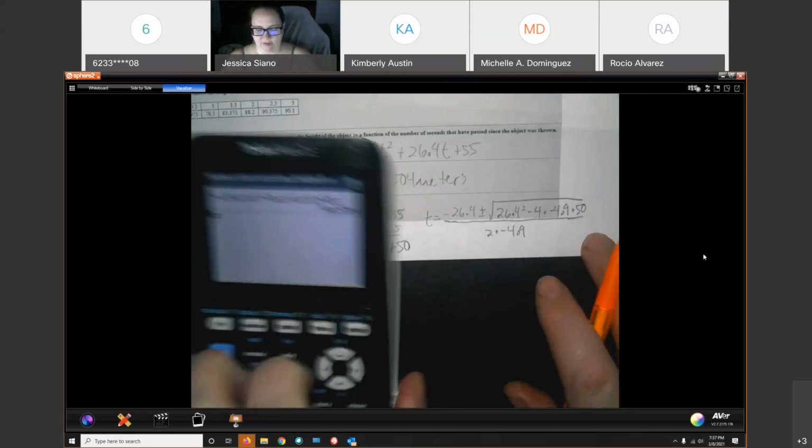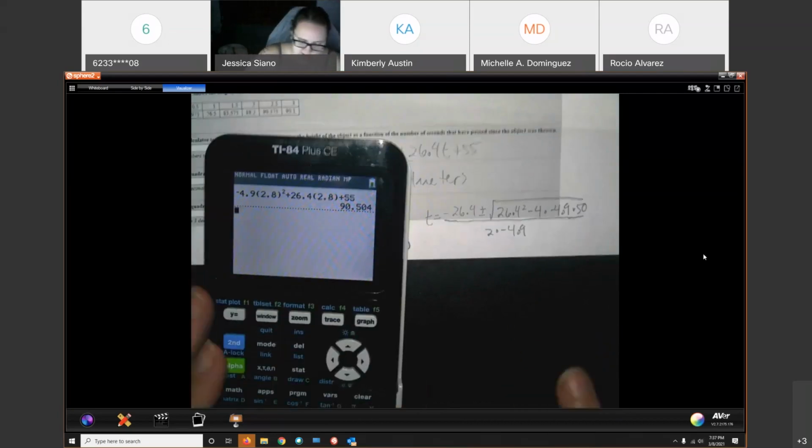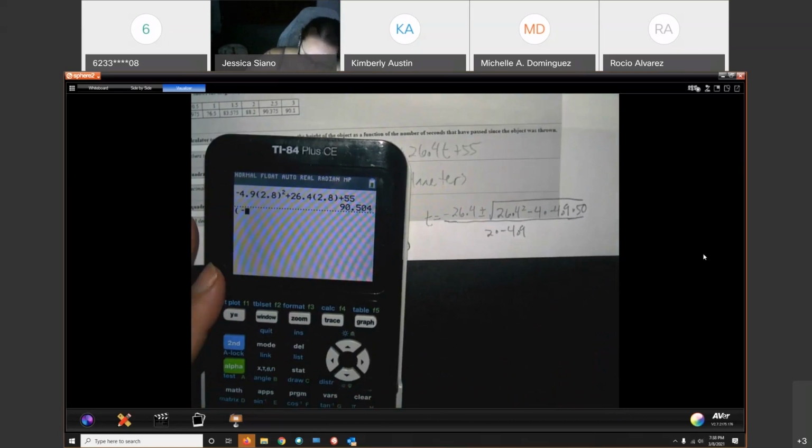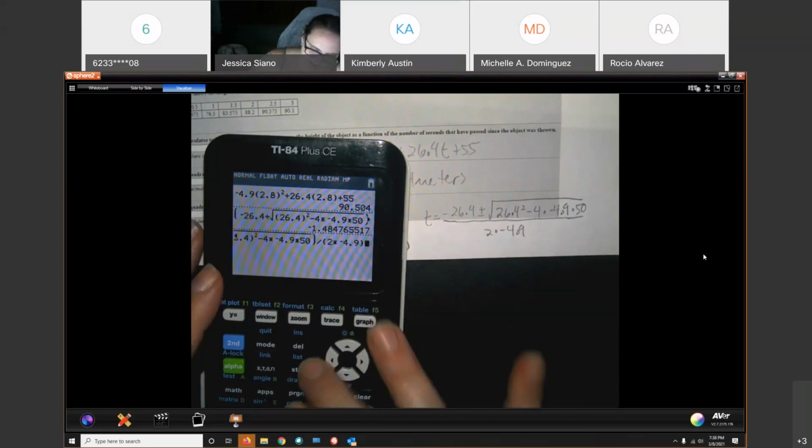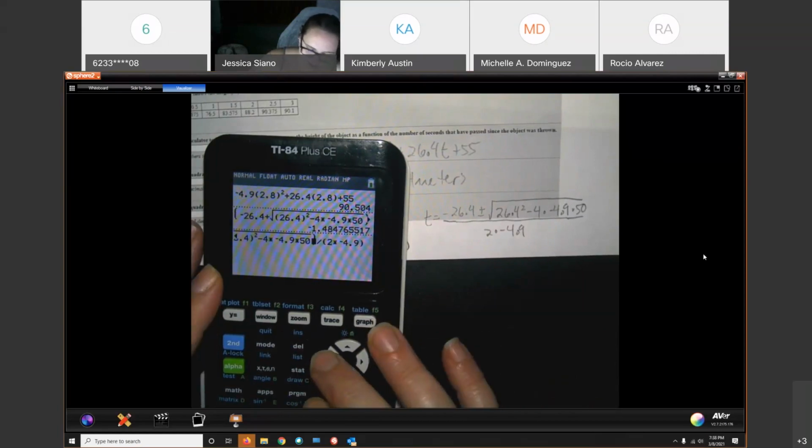And again, just like before, I'm just going to put this in my calculator. Negative 26.4 plus the square root of 26.4 squared minus 4 times negative 4.9 times 50, divided by 2 times negative 4.9. Second enter. Change that plus to a minus.